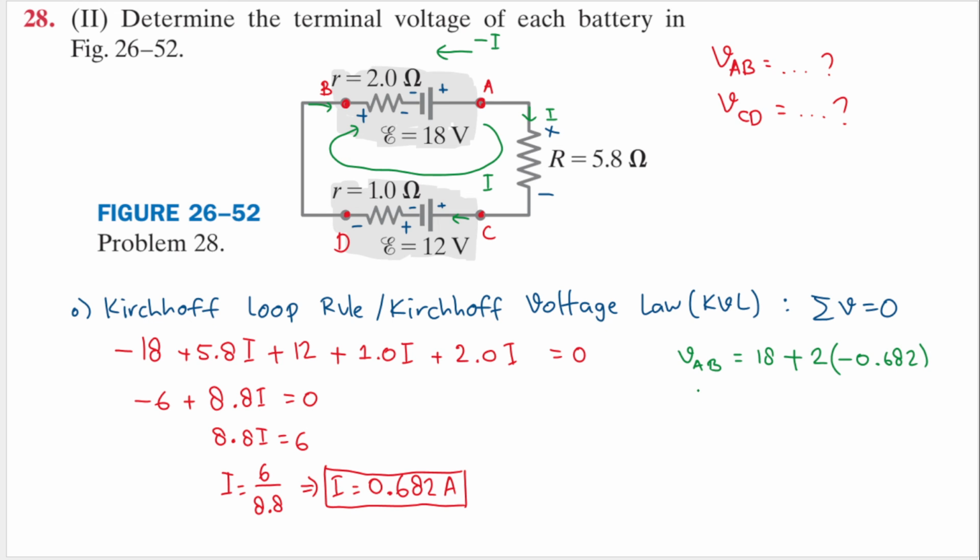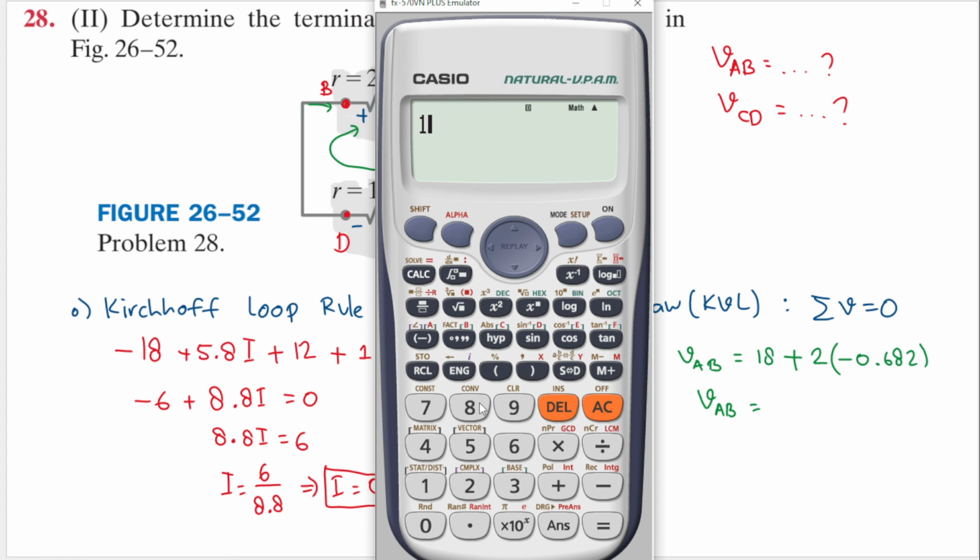Okay, I think I will just leave it to the calculator. So VAB is 18 plus 2 multiplied by minus 0.682. That will be 16.64.